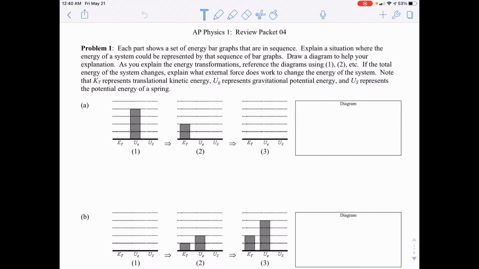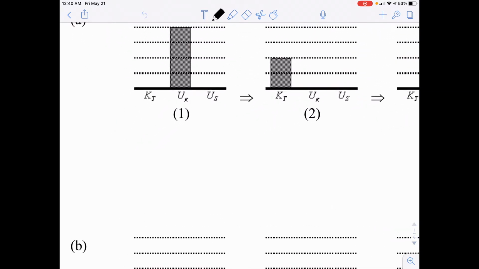Part A. If you look in Part A, Diagram 1, bar graph 1 starts with 4 units of gravitational potential energy and no kinetic energy. What I'm going to do is explain it by writing notes underneath each bar graph. In number 1, the object starts from rest.